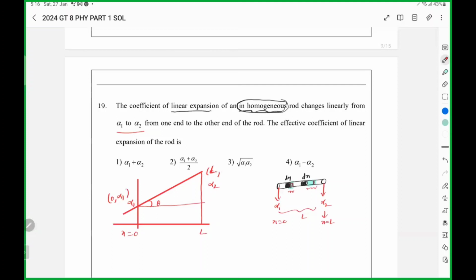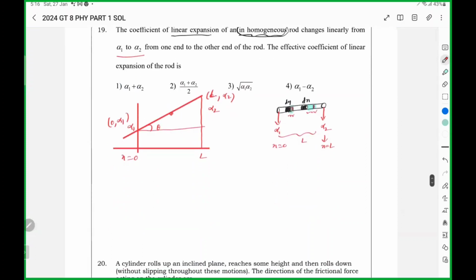Here it is L, alpha 2. So at some point I say x, alpha. So here tan theta is alpha 2 minus alpha 1 by L. At an arbitrary point, alpha minus alpha 1 by x minus 0.